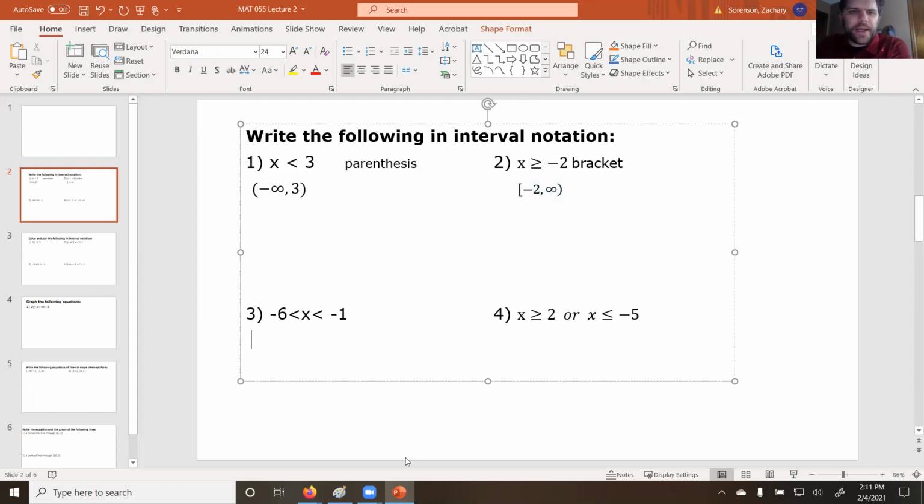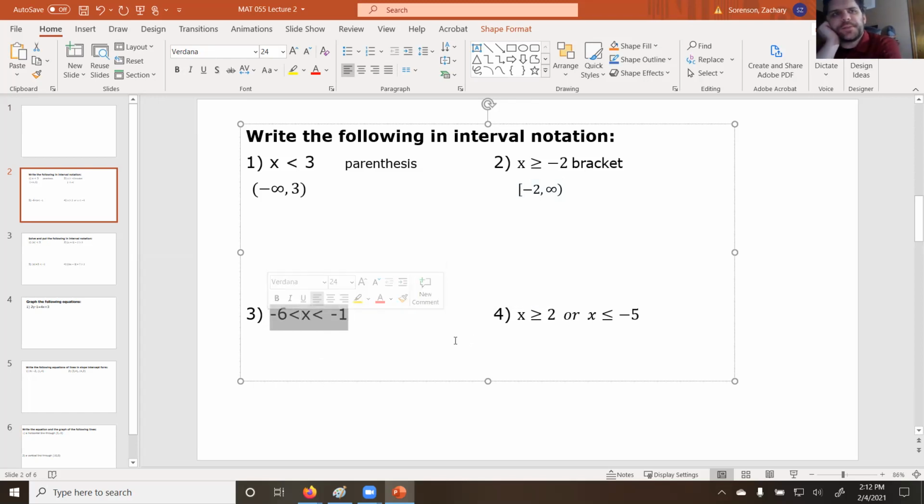So now I want to describe interval notation for this inequality. What's the smallest value X can be? In this inequality, we want X to be greater than -6 and X to be less than -1.